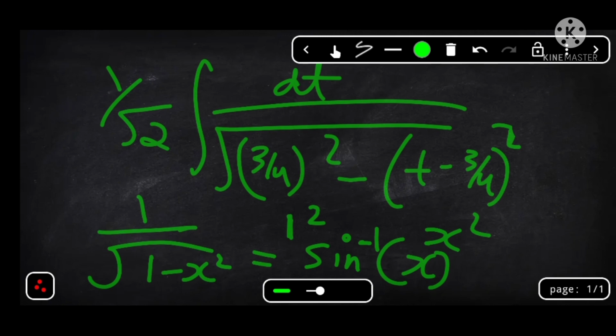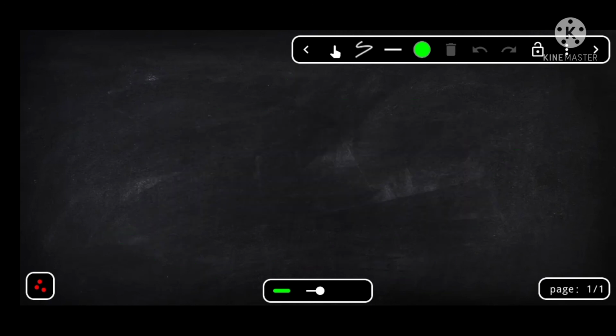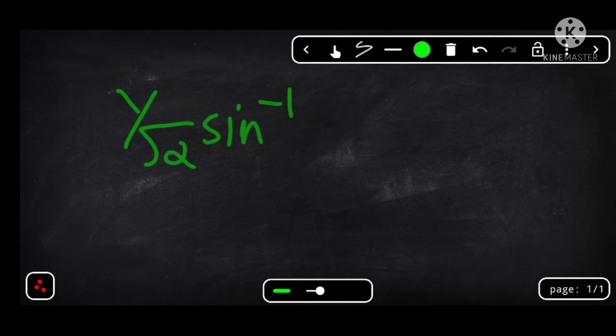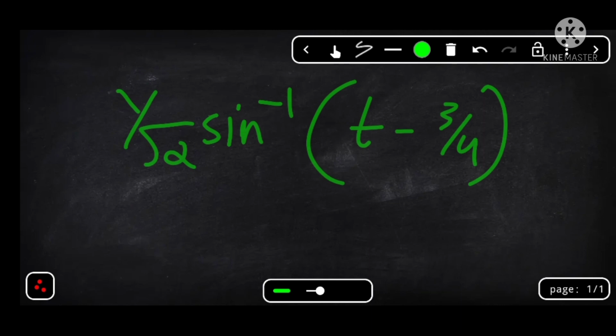Am I right? Yes. Okay. So I can replace the whole term as 1 by root 2 sine inverse of, what is our x? That is t minus 3 by 4, plus c. Okay, so this will be our final answer.